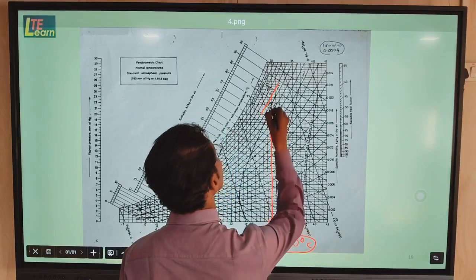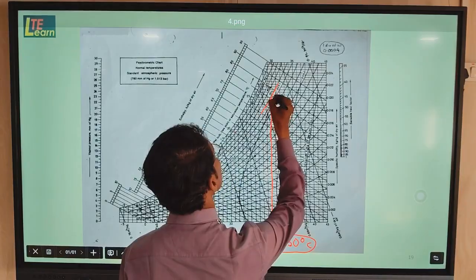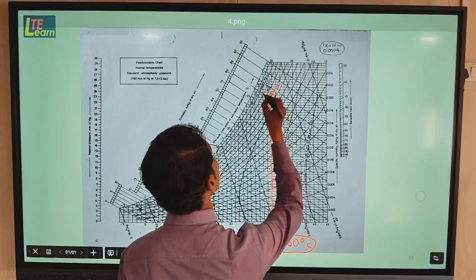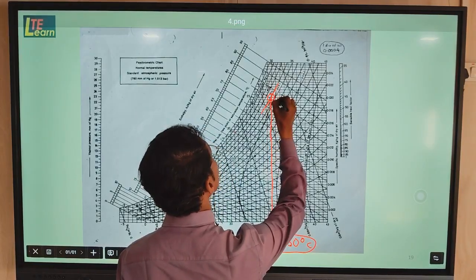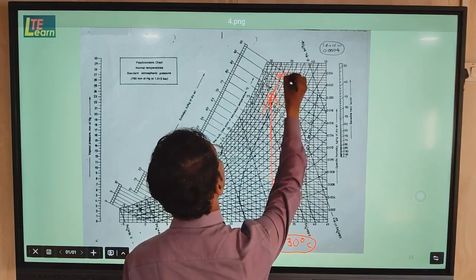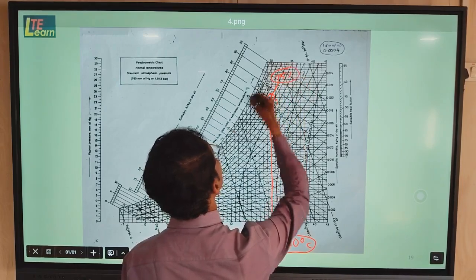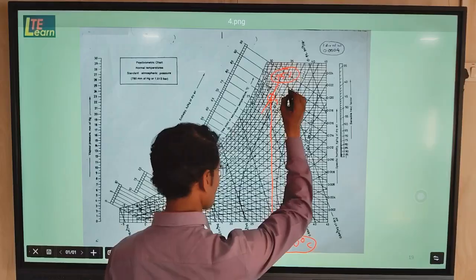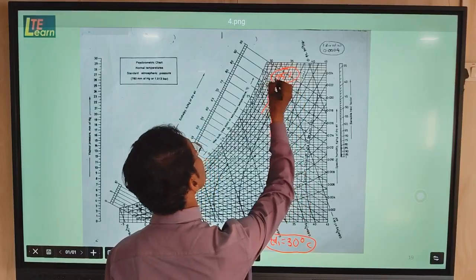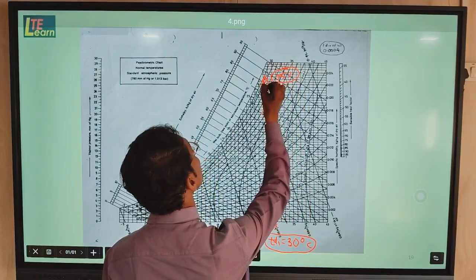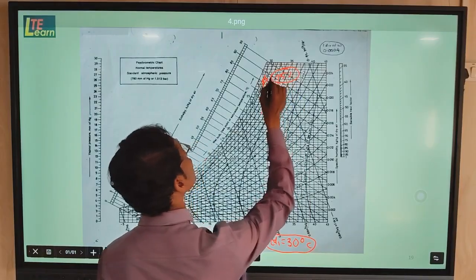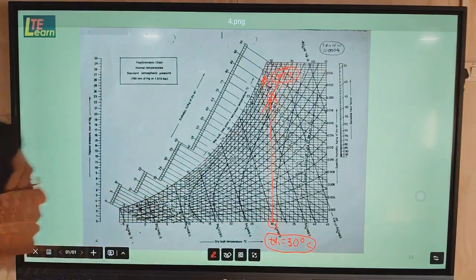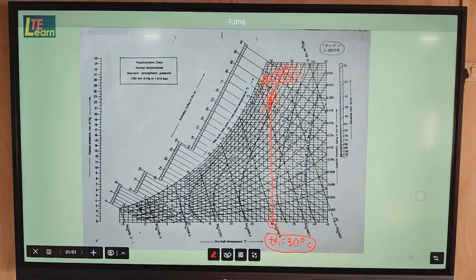This way on the psychrometric chart we will get the intersection point, and this point will be point number 1 on the 75% RH line.